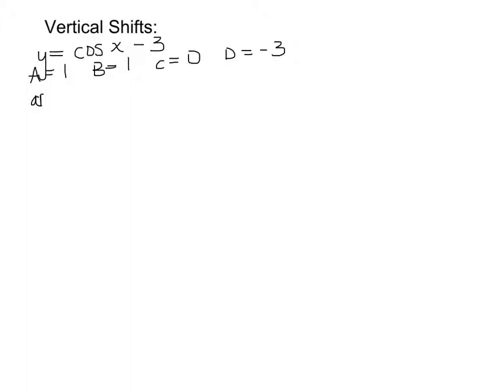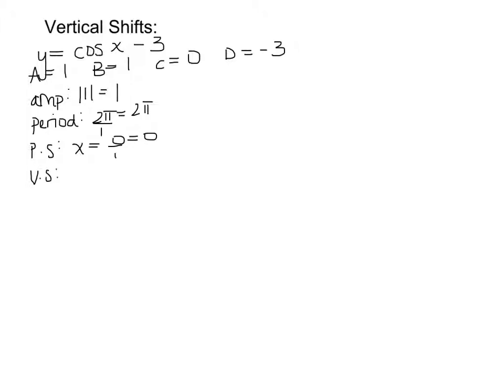So my amp is absolute value of 1, which is 1. My period is 2 pi over B, which is 2 pi. My phase shift is x equals C over B, which is 0. And my vertical shift is y equals negative 3.